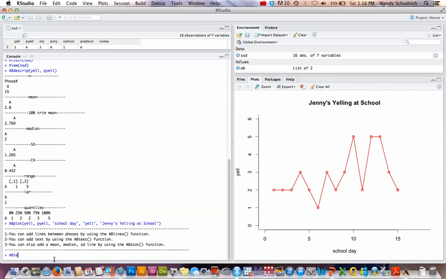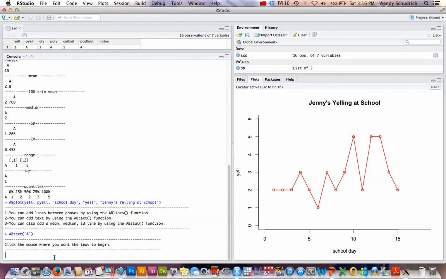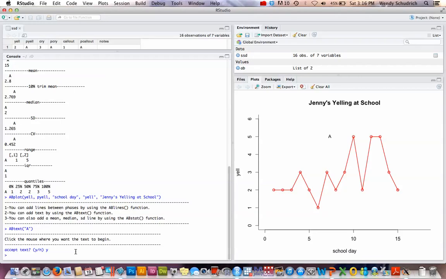We're going to add some text to it, and we're going to put an A in the middle to denote that it's baseline, and then we're going to put up a mean line to see what points are above and below the mean.